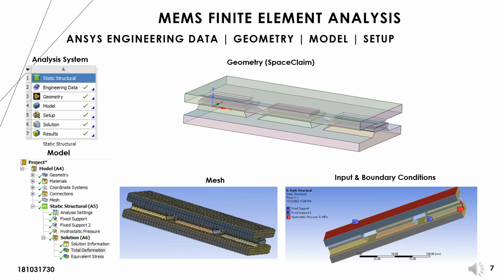We import from the MEMS Pro file, and then for the model, for the static structural, we apply a fixed support and hydrostatic pressure, and the solution is total deformation and equivalent stress. And there is a mesh and input and boundary condition.